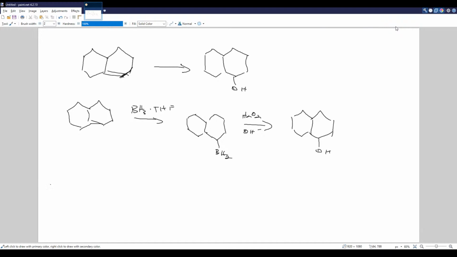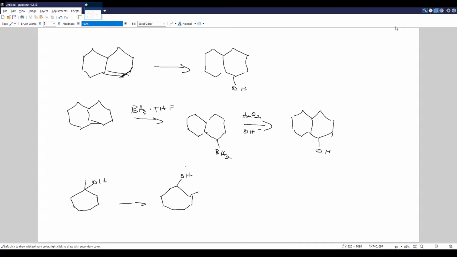So 1-methyl cycloheptanol. I turn that to 2-methyl cycloheptanol. Didn't we already do this? I think we already did this problem. 2-methyl cycloheptanol.